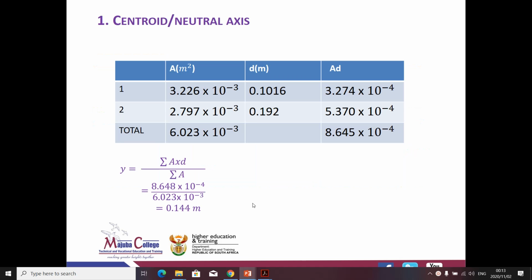So we end up getting 144, or 143.5. That is the position of our neutral axis.